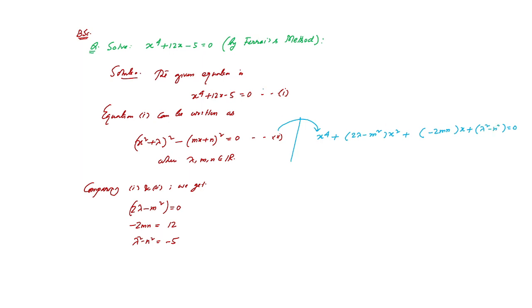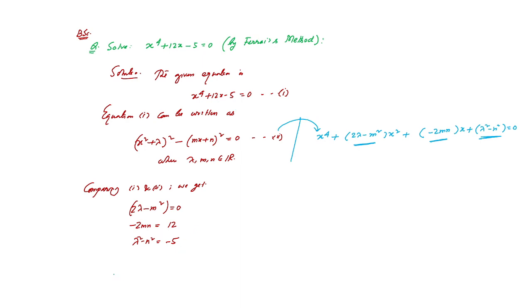So now you just compare the x square coefficient. In equation 1 it is 1, and here also 1. The x square coefficient is 2 lambda minus m square; x square is not present in equation 1, that's why it is 0. And minus 2mn is the coefficient of x, and the coefficient of x is 12. And lambda square minus n square is the constant term, which is basically minus 5.